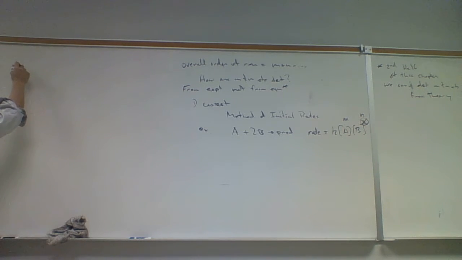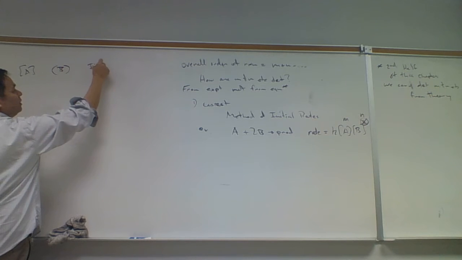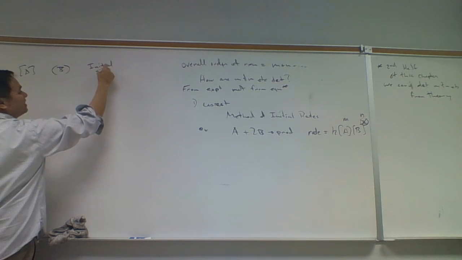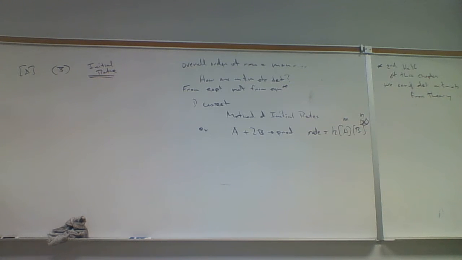And so we look at the concentration of A, the concentration of B, and how that impacts the initial rate. We have to do the initial rate here because the rate is always changing. And so this would be the rate at these initial concentrations. And as the concentrations change, the rate would change.